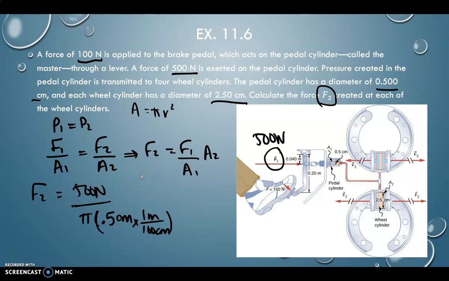All right, continuing example 11.6, we were calculating the F2, this second force. We needed to plug in our numbers. So we have our F1, 500 newtons, divided by our area, which is going to be pi r squared.